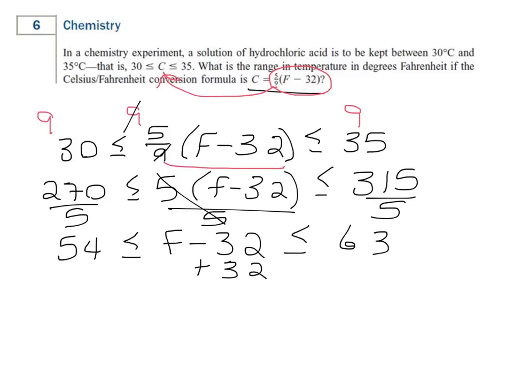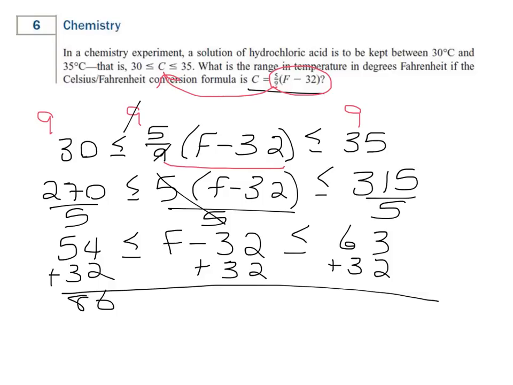Add 32 to all sides, and you get 86 is less than or equal to F, which is less than or equal to 95. All right, now that we have that done, that pretty much tells you what your Fahrenheit has to be, between 86 and 95.